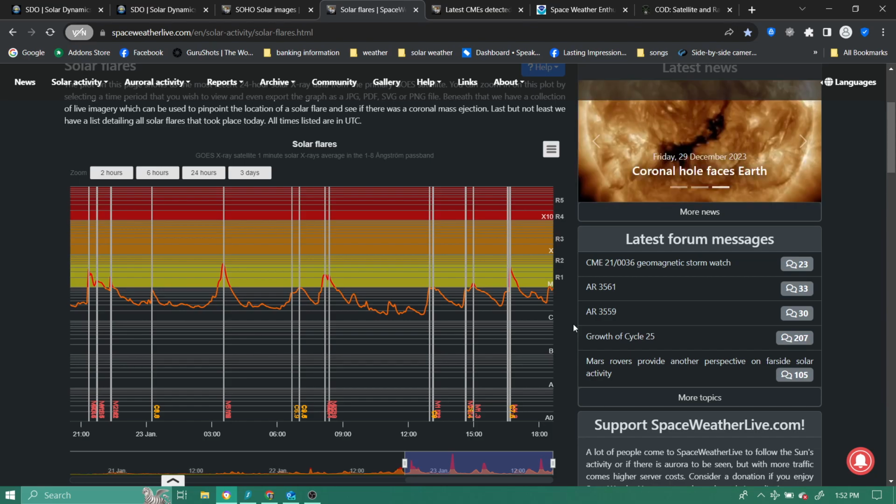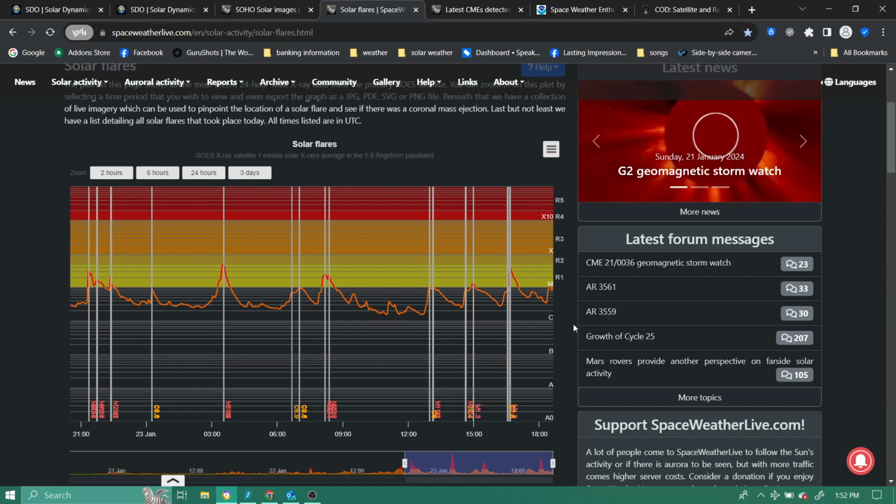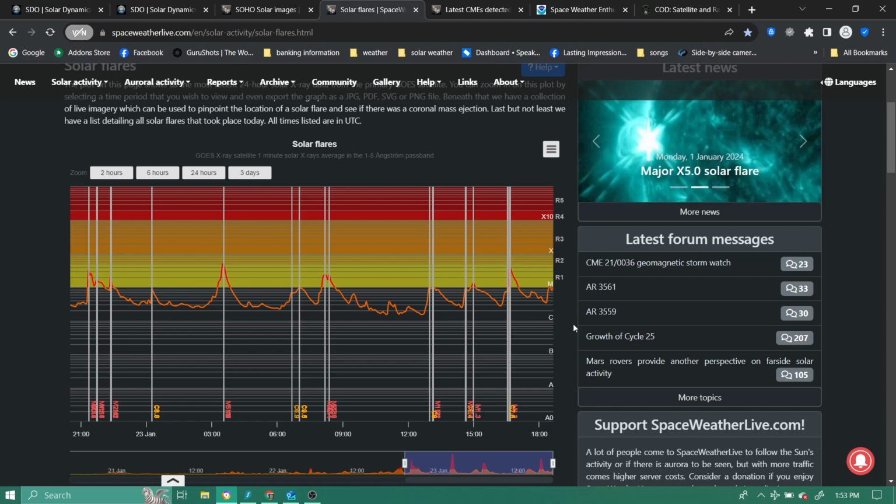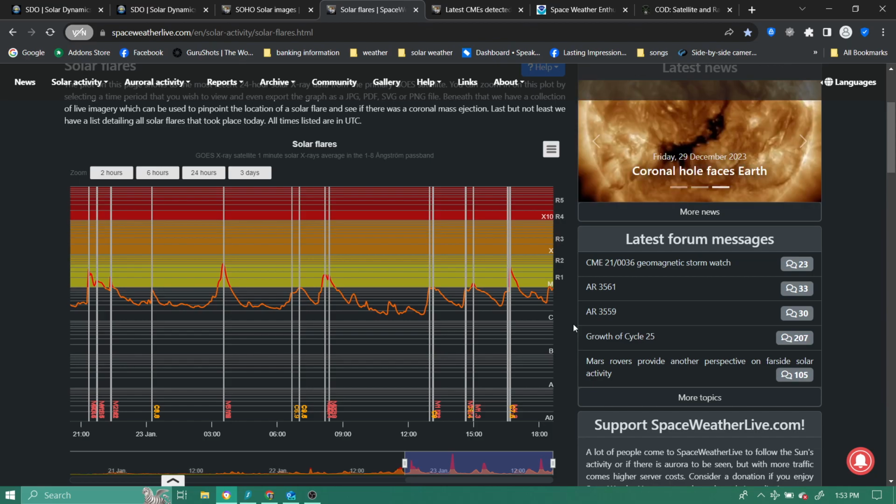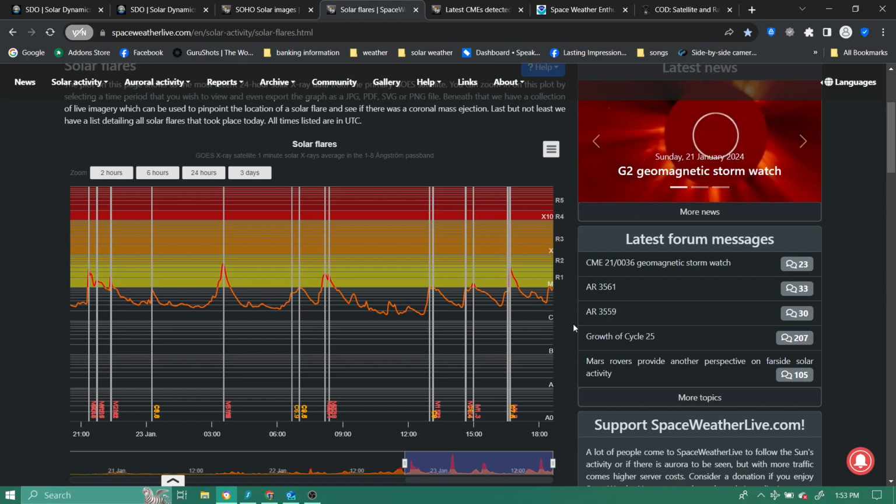When they're long duration, that means that there's particles being released with the energy. They're more likely to have flare power, CME power, and they're going to cause auroras. If it was just a quick pop, they're not going to do much. But when they're long duration, they're going to do something.